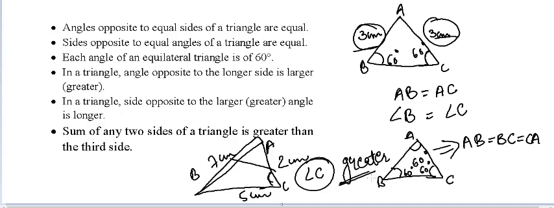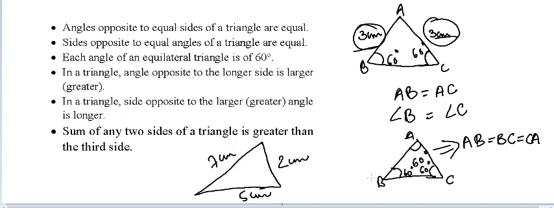Now the last property is very important and it could be understood using this triangle ABC. Sum of any two sides of a triangle is greater than the third side.